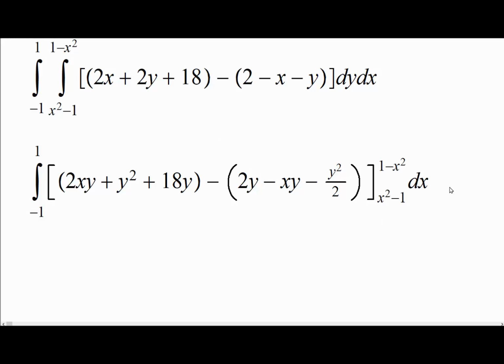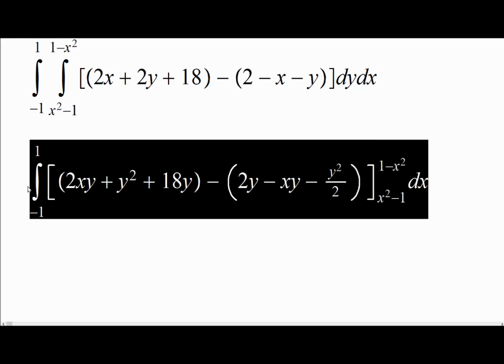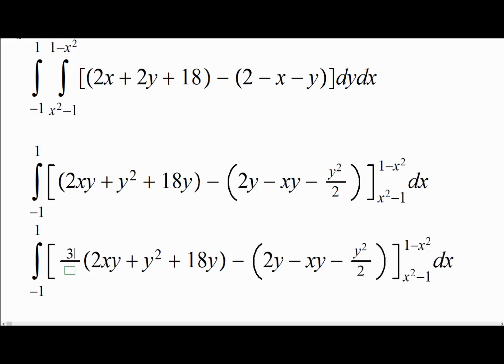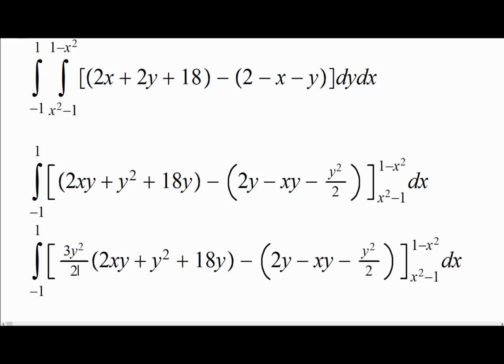Okay, so we can do it like this. If we want, we can go ahead and combine the like powers. So y squared, and then negative negative is positive. So y squared and y squared over 2, when added, become 3y squared over 2.